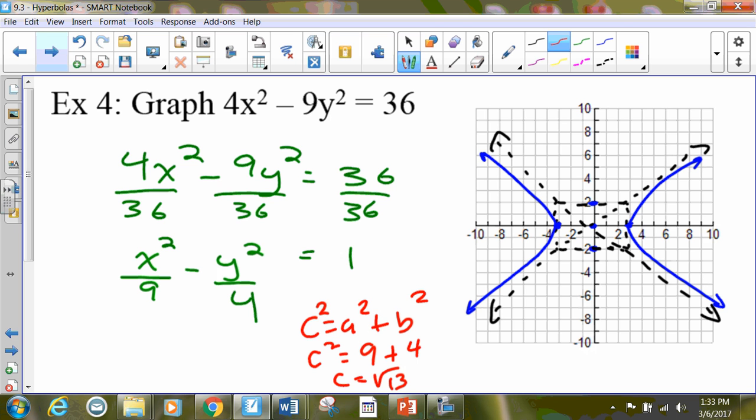All right, not pretty, but what is that? A little bigger than 3 and smaller than 4. So I'm going to put it right there. Like 3.6. Okay. Not aligned, so that's why those don't look right.